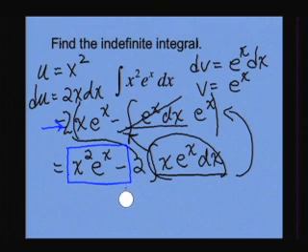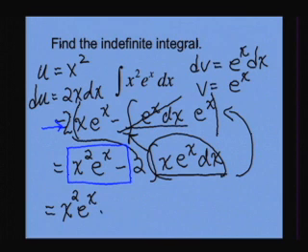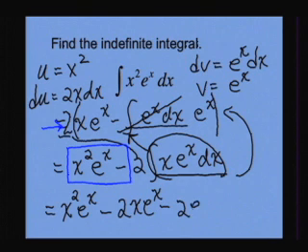In the following final answer, we have x squared e to the x minus the 2 times x e to the x minus 2 times e to the x.